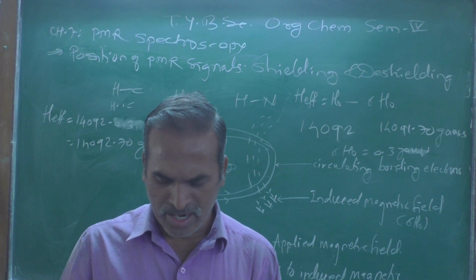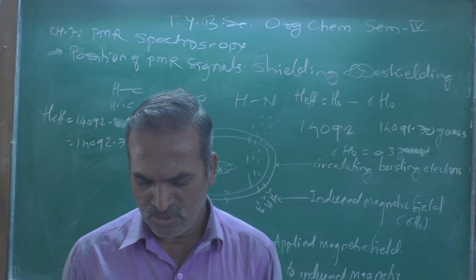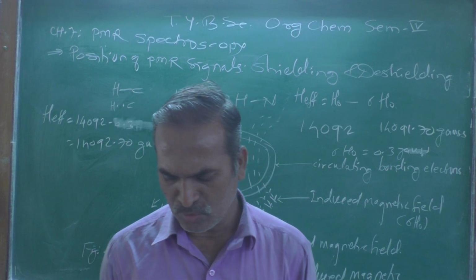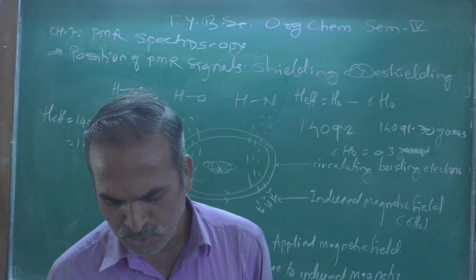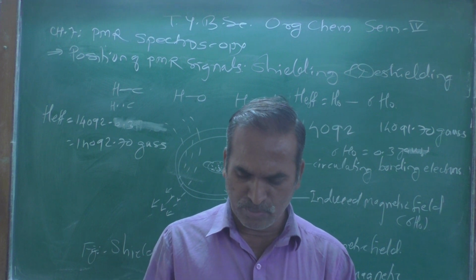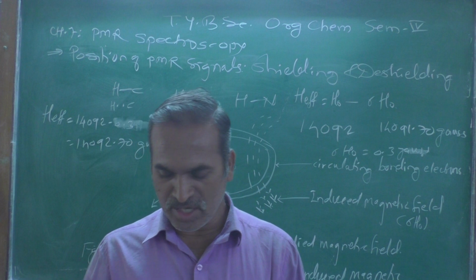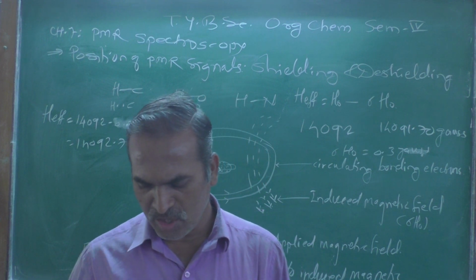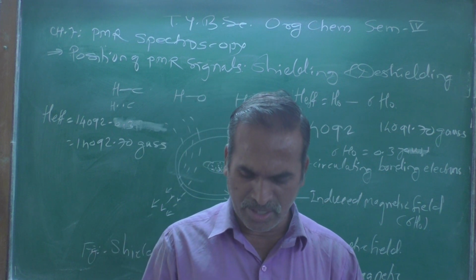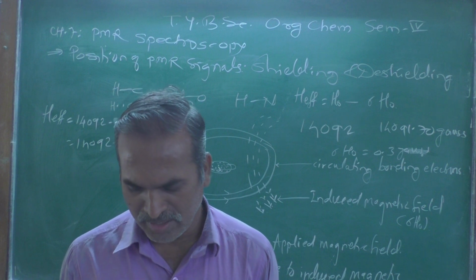In order that the nucleus should experience a field of 14,092 Gauss, that is H effective equal to 14,092 Gauss, the applied magnetic field H0 should be increased, say to 14,092.30 Gauss, and thus due to diamagnetic shielding the absorption takes place at higher magnetic field.